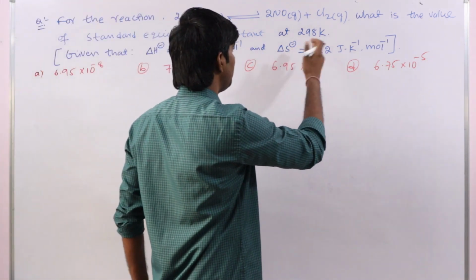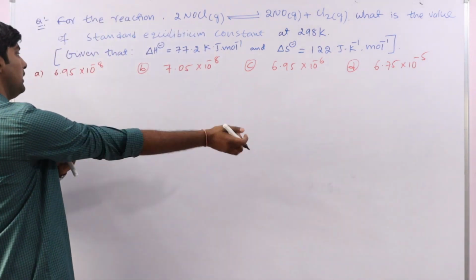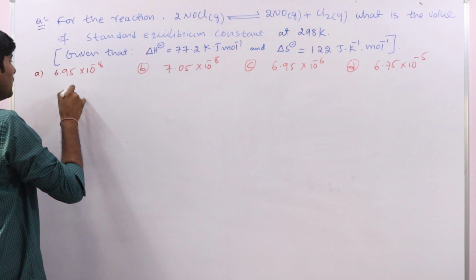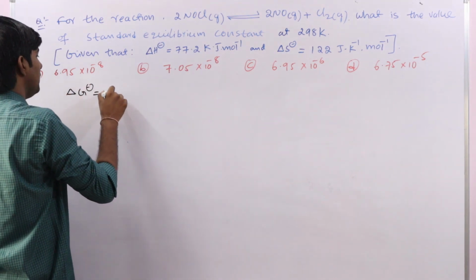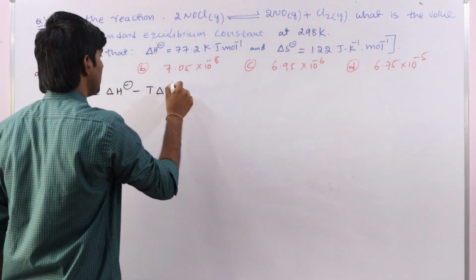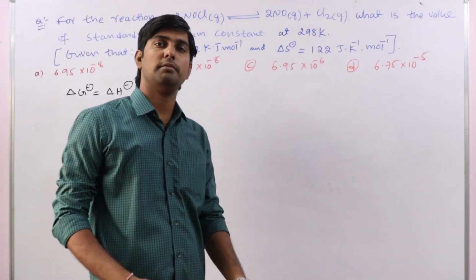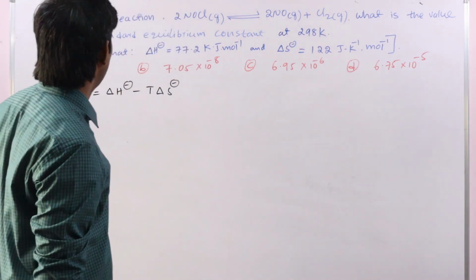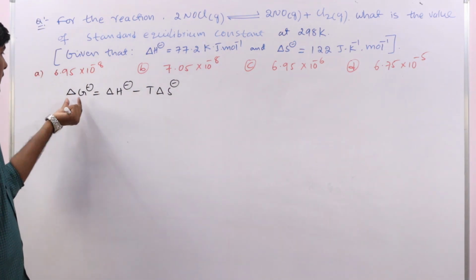Enthalpy change and entropy change are given, so we have a relation that delta G naught equal to delta H naught minus T delta S naught, which we discussed in thermodynamics. By using this one we can calculate delta G.